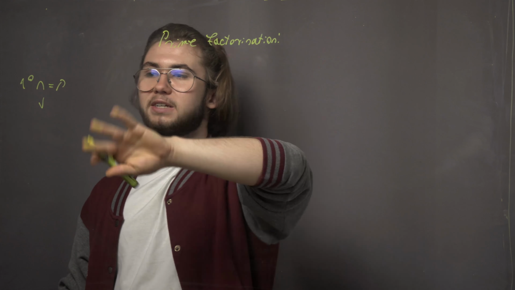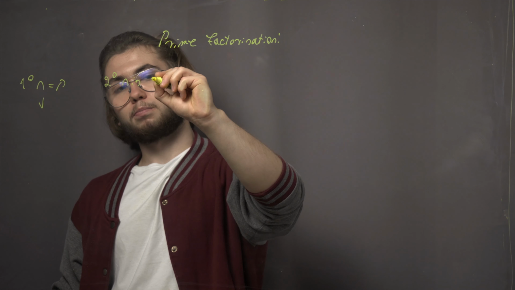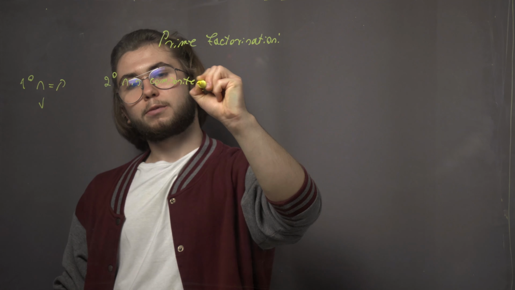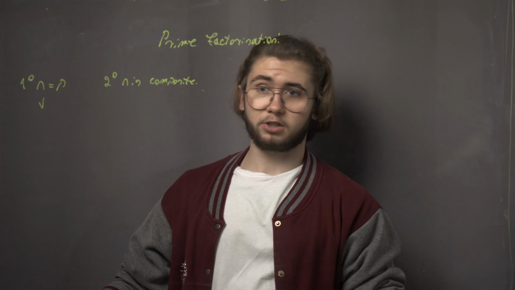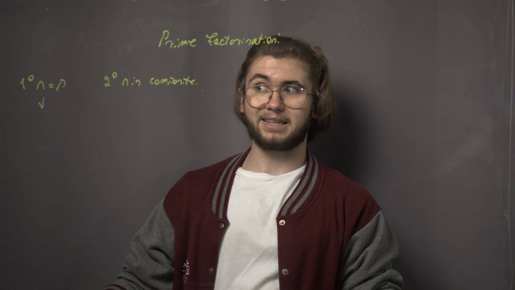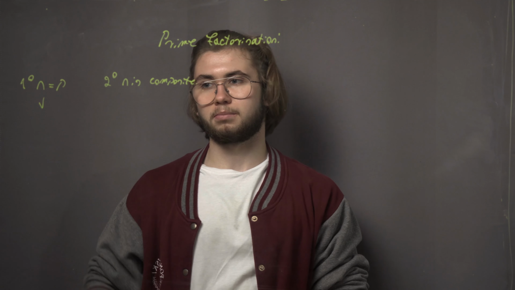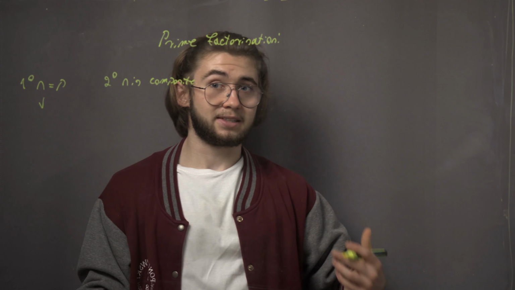And so for the second case, we're getting that n is composite. Lovely. If n is composite, it is not prime, and so it is divisible by some numbers other than itself, at least two numbers. And those numbers are definitely less than n.